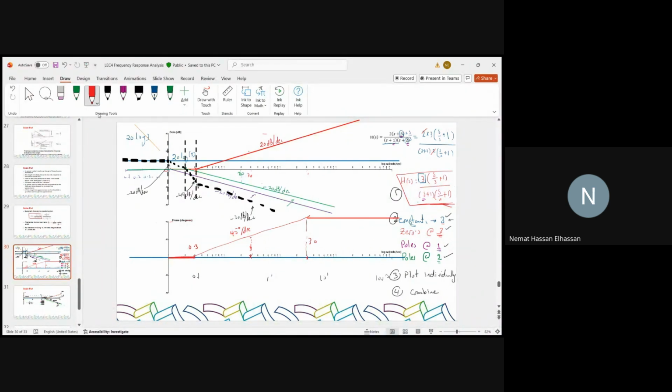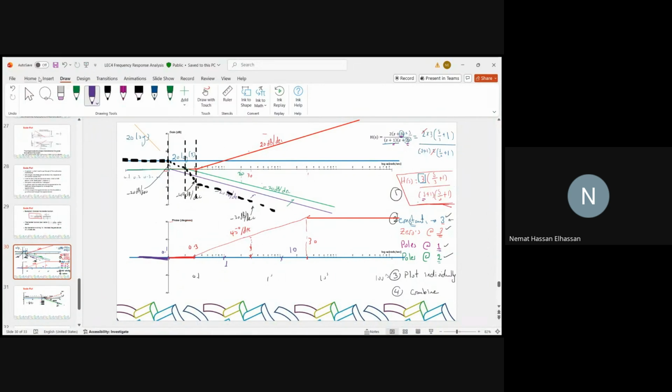For the poles, we'll follow a similar approach, but instead of a constant increase, it will be a decrease. So this is 1. I'm going to look at 0.1, and I'm going to look at 10. And then I'm going to say prior to 0.1, it will be 0.